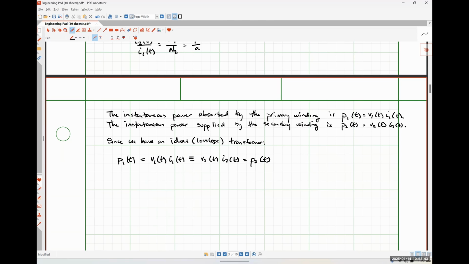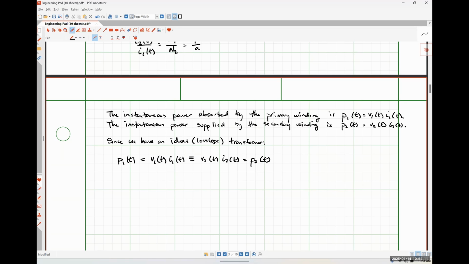Right? So effectively, the amount of power that our primary winding absorbs from our source has to be the exact same amount as our secondary winding delivers or supplies to our load. Power in has to equal power out because of the law of conservation of energy, right?